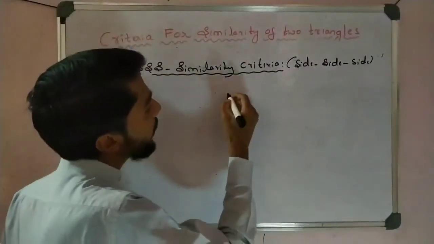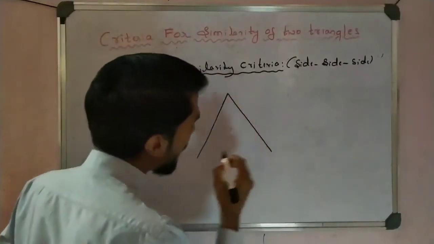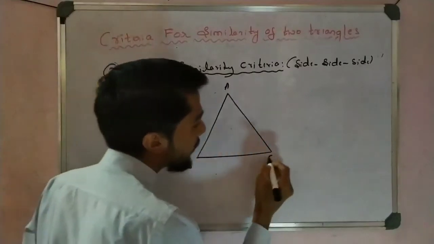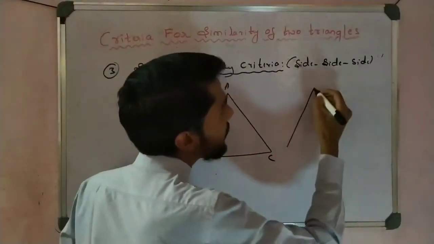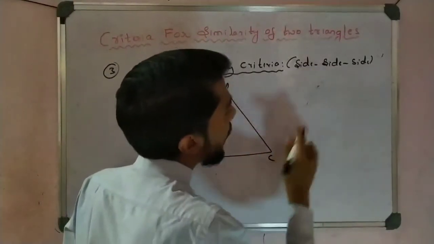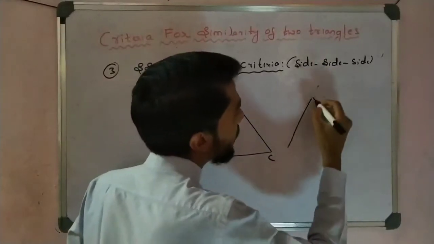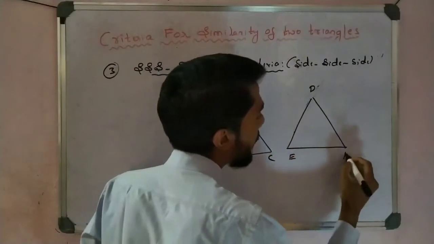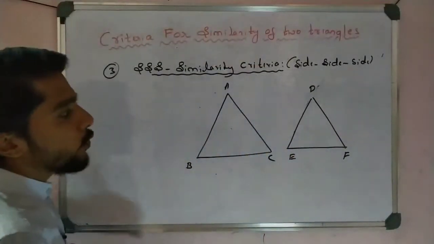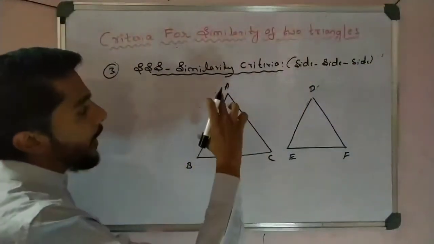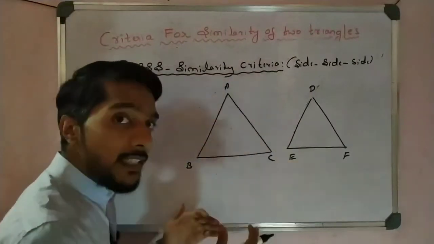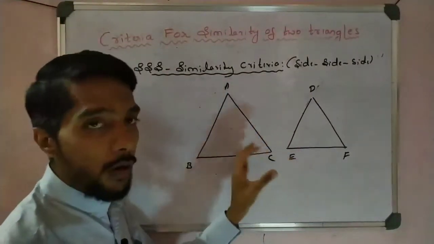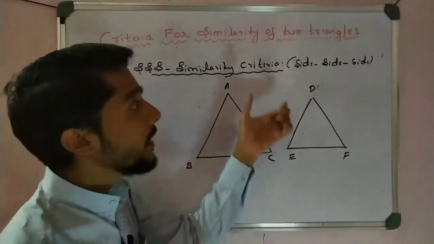For example, one triangle is ABC, and another triangle is DEF. This theorem says that if the ratio of corresponding sides is equal, all sides are equal in ratio, then we say that the triangles are similar.